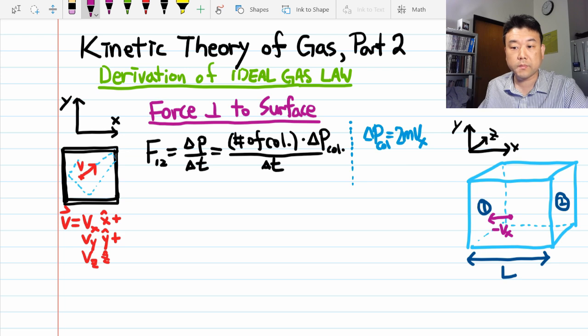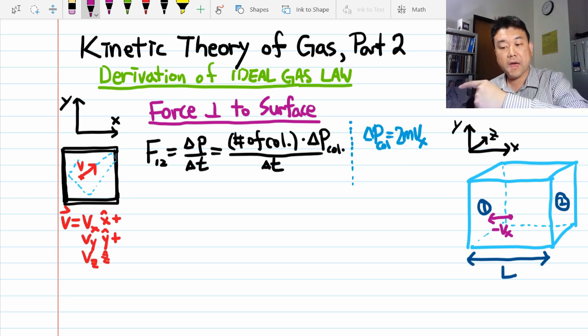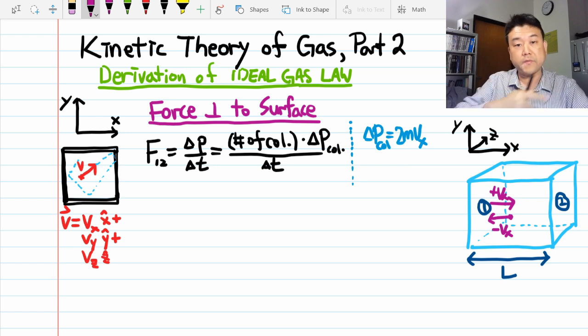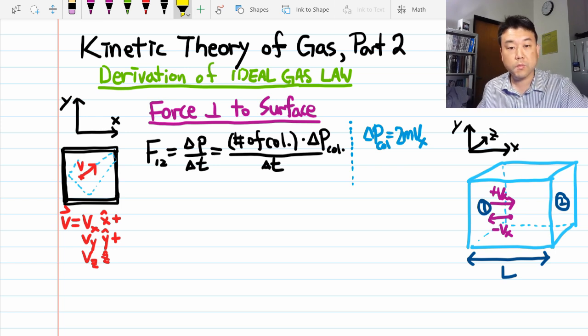So it has momentum of minus mvx going in, and after bouncing from the wall, it comes out with plus vx velocity, or the momentum of plus mvx. So the change in the momentum is the final momentum, plus mvx, minus the initial momentum, minus mvx. Do that, you get 2mvx for the change of momentum per collision.